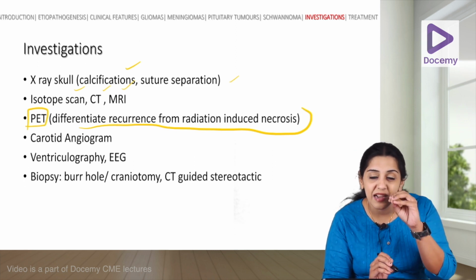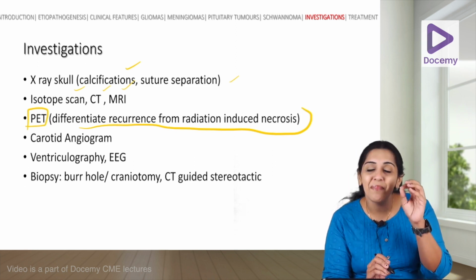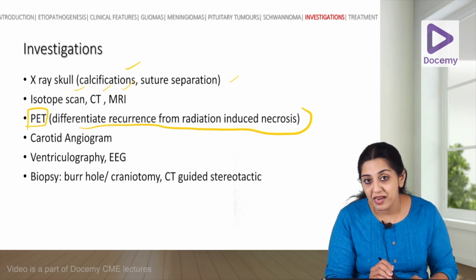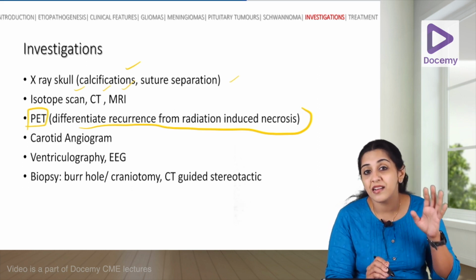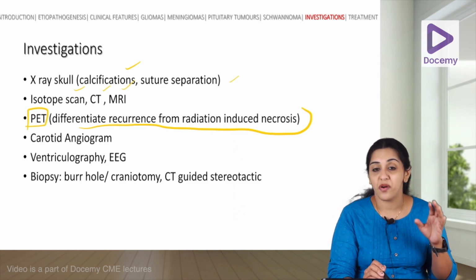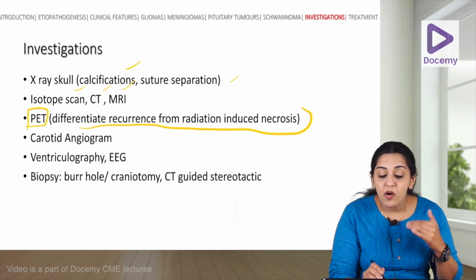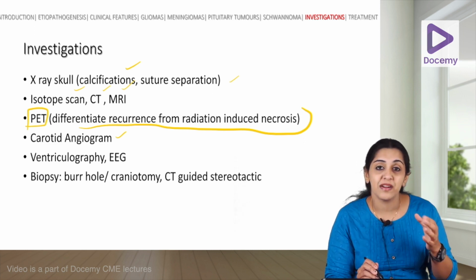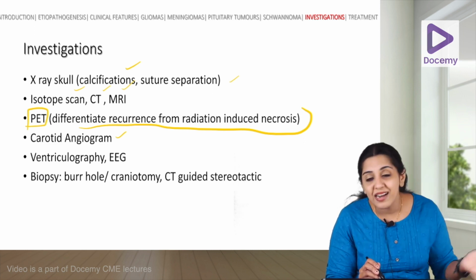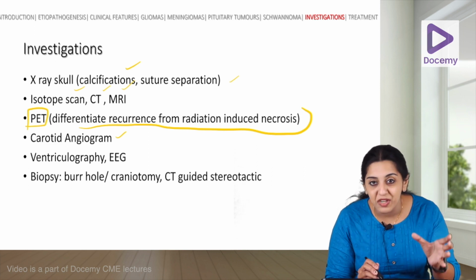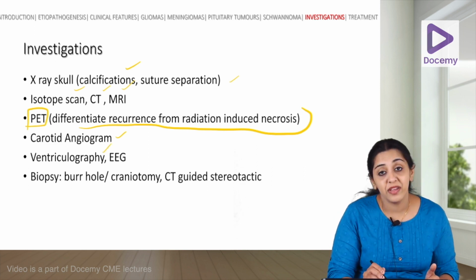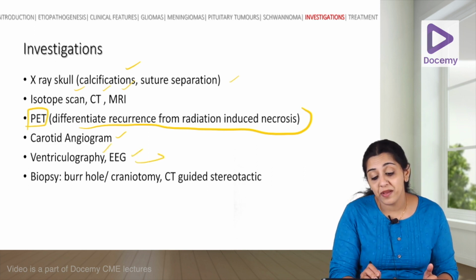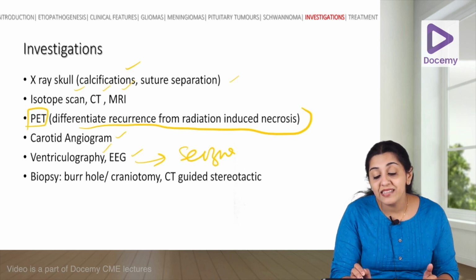Radiation induced necrosis will also show similar features on a CT or an MRI. To differentiate whether it is the hyperactive cells of a tumor or not, we may need to do a PET scan. Also carotid angiogram to find how the vascularity of the tumor is affected, or the vascularity of the adjacent structures are affected because of the pressure effect of the tumor. Ventriculography can be done. EEG can be done because the presenting complaint may be seizures.